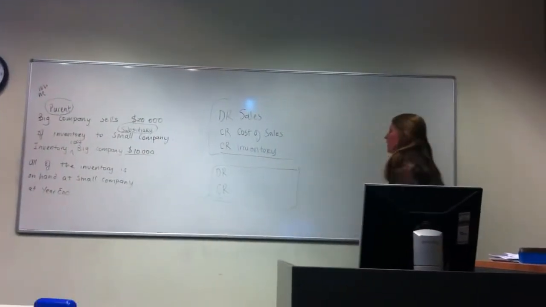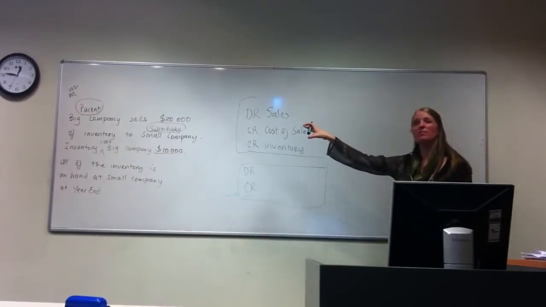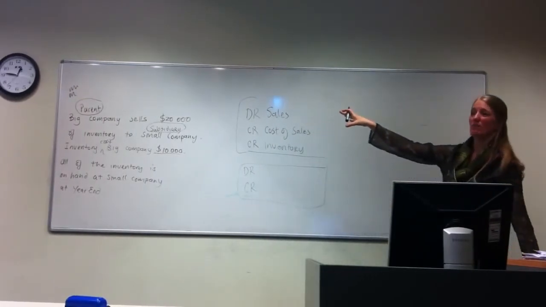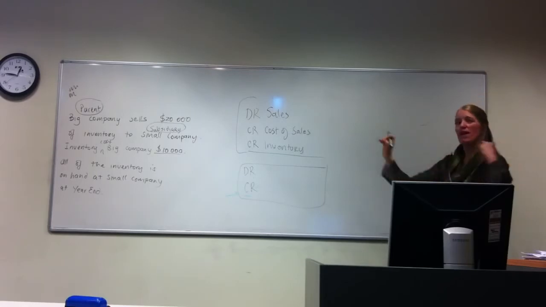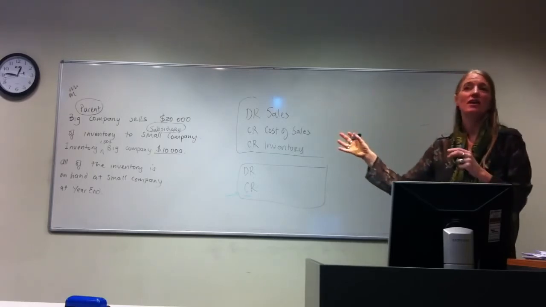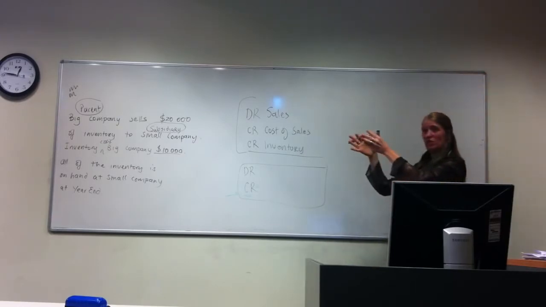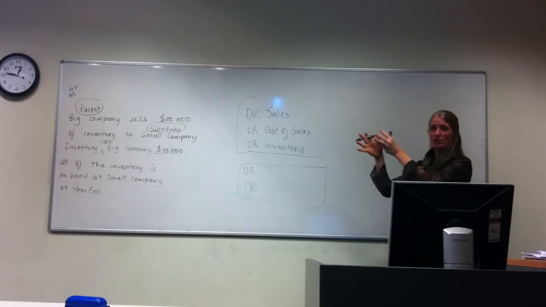What we're going to do here is just look at what would happen in the books of big company and small company. In the books of big company, they're obviously going to treat that as a sale. As an individual company, when they do their own individual books, they're obviously taking that transaction into account.